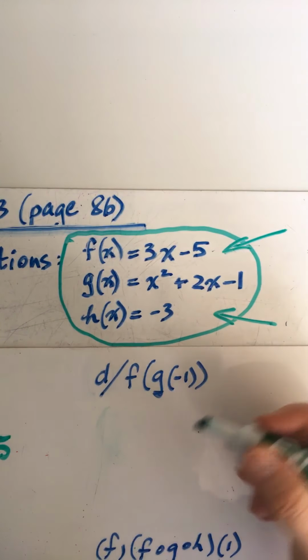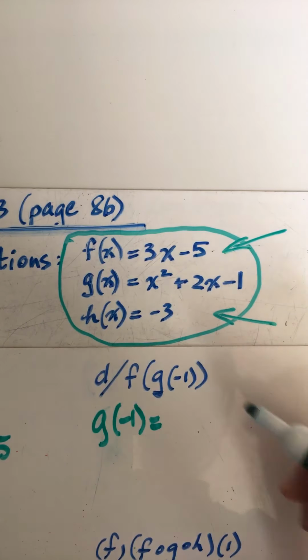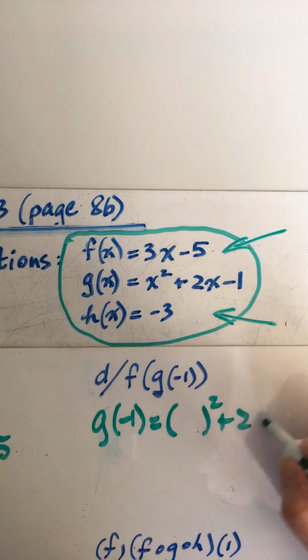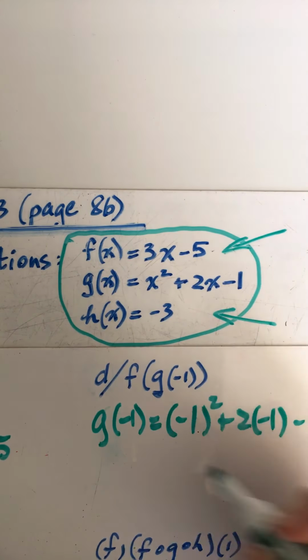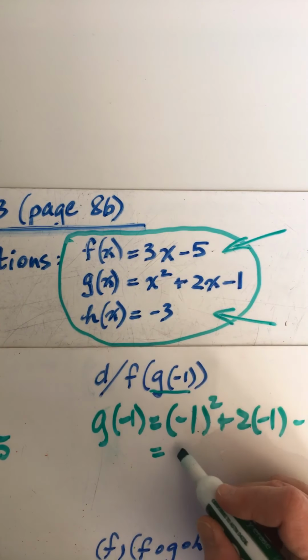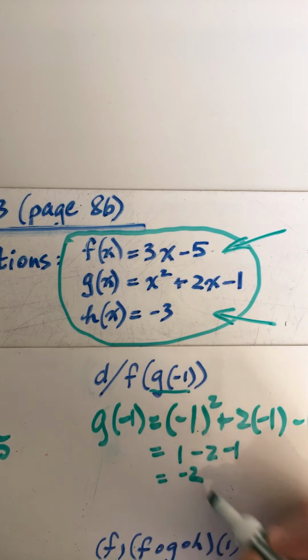You can start by just defining g of negative 1 as being equal to, there's g, x squared plus 2x subtract 1. Poke in the number, negative 1, in here. Find out what g of negative 1 is. So 1, subtract 2, subtract 1, which is negative 2.